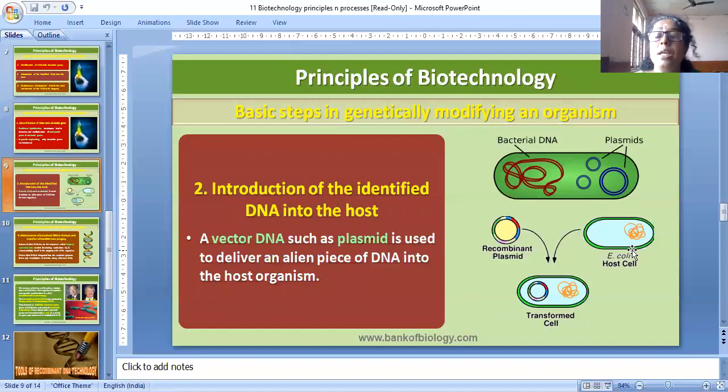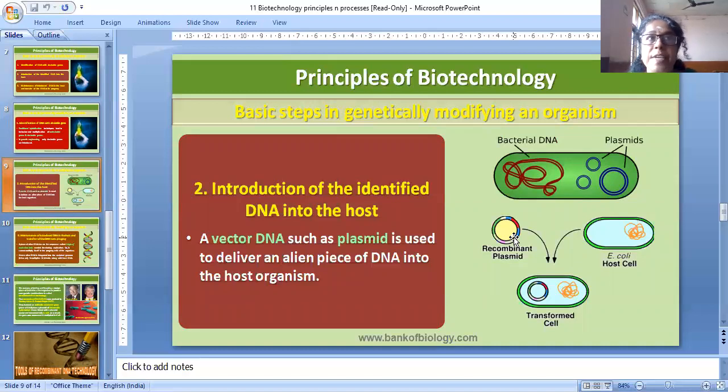We already have one recombinant plasmid, but for getting more organisms we introduce it into a host cell, selected because it multiplies very fast.